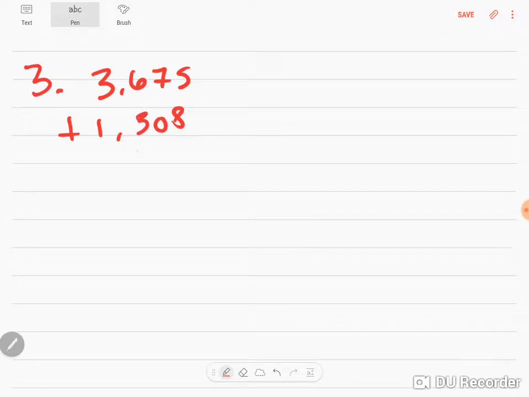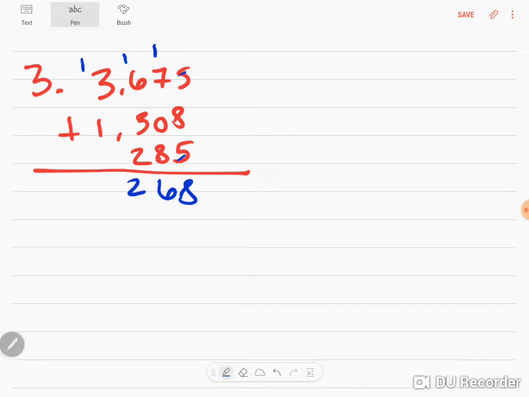It just makes it easier to add. 5 plus 5, let me change the color. 5 plus 5 is 10 plus 8 is 18, carry the 1. 7 plus 8 is 15 plus 1 is 16, carry the 1. 6 plus 3 is 9 plus 2 is 11 plus 1 is 12. Carry the 1. 3 plus 1 is 4 plus 1 is 5. Your answer is 5,268.